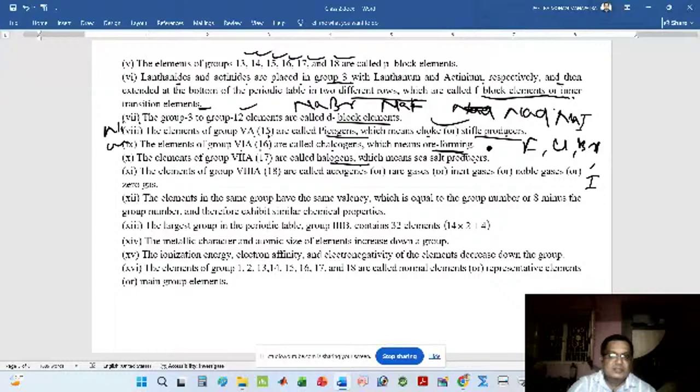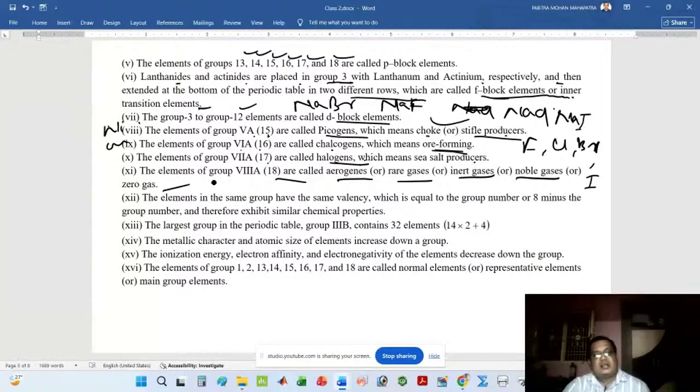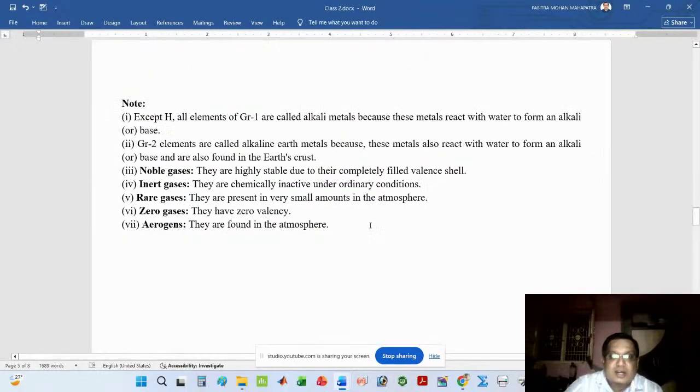Next, group 18 elements are called aerogens. They are also called rare gas, inert gas, zero gas. Group 18 elements are called noble gas. Why are group 18 elements called noble gas? Noble means what?